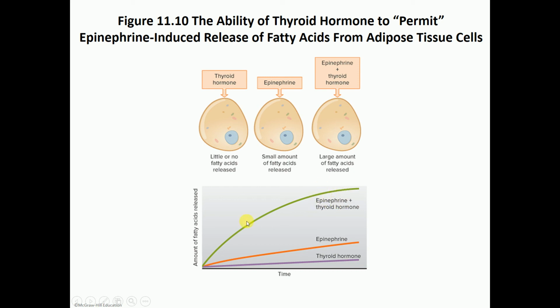And you can see here that the amount of adipose tissue that is being broken down into fatty acid chains and released is a lot higher when they work together. So that again is known as permissiveness, where the presence of thyroid hormone permits and enhances the action of epinephrine.